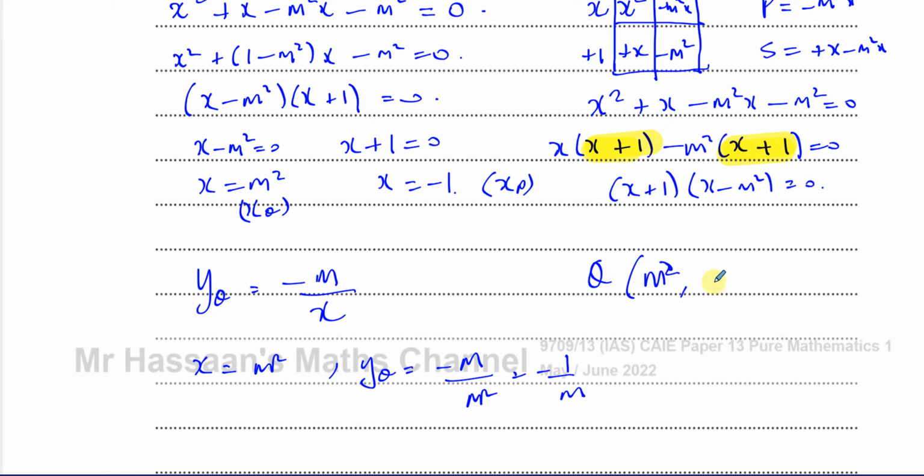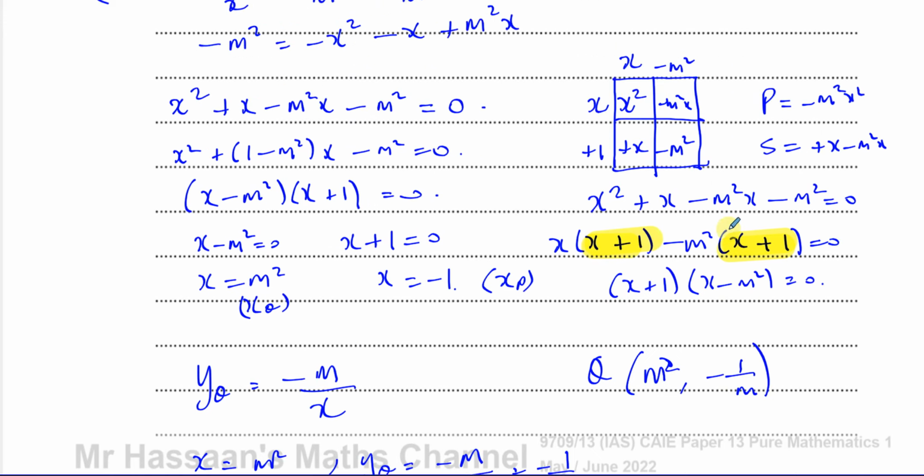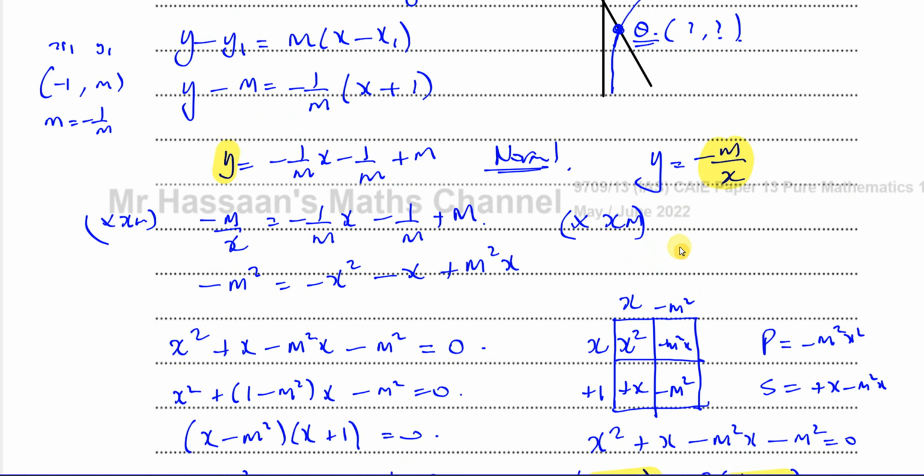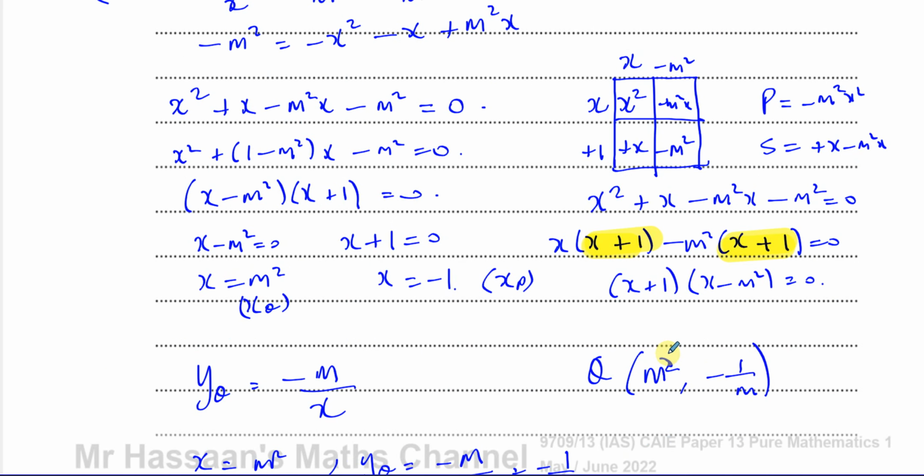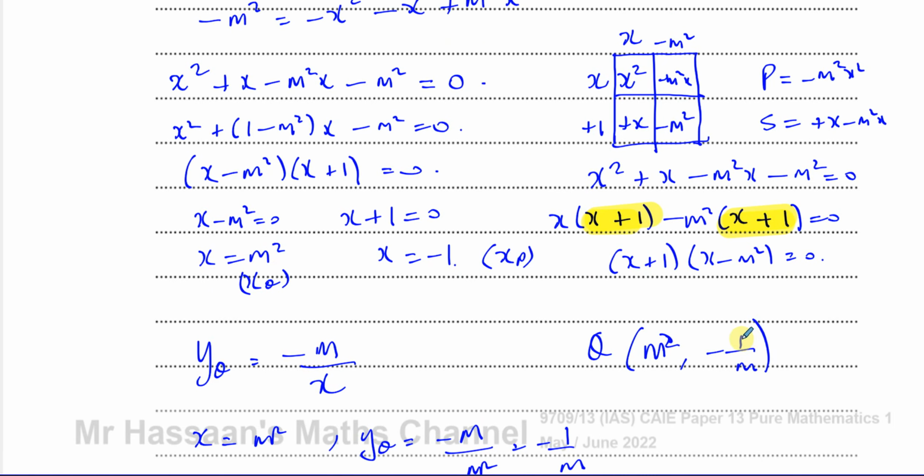So the y coordinate of Q is −1/m. So those are the coordinates of Q: x = m² and y = −1/m.